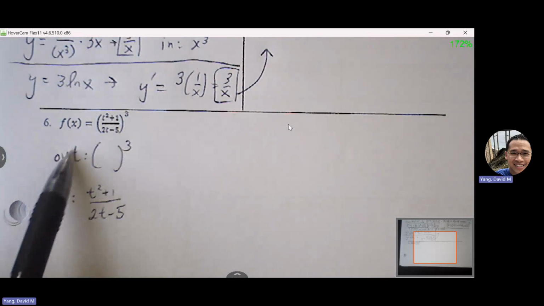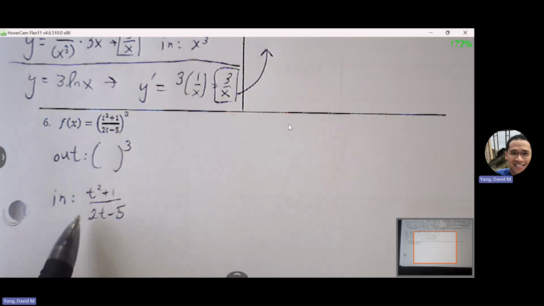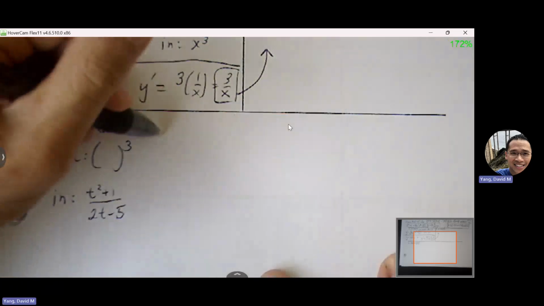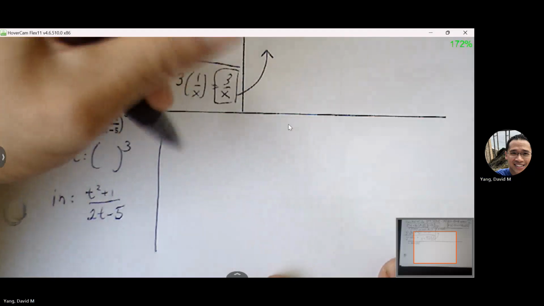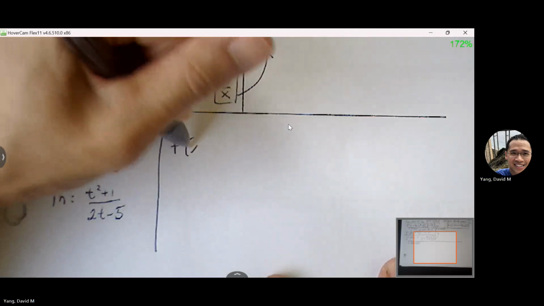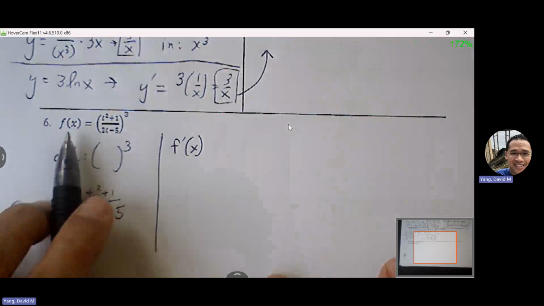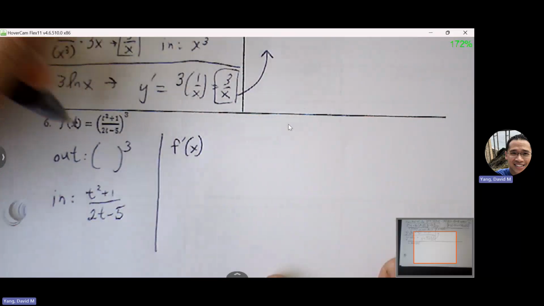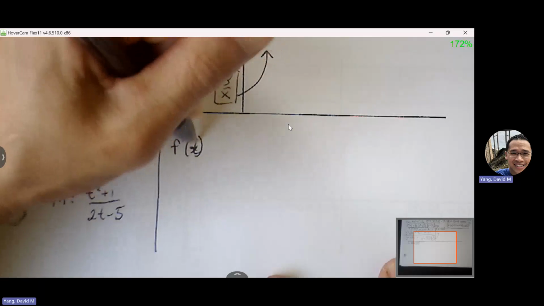So outside derivative is just power rule, but inside derivative, we've got to do quotient rule. Okay. Sorry, this should be f of t to match the variable here. f prime of t.